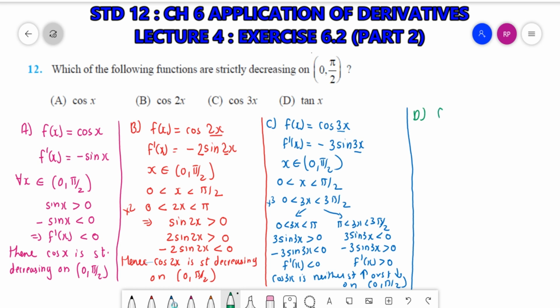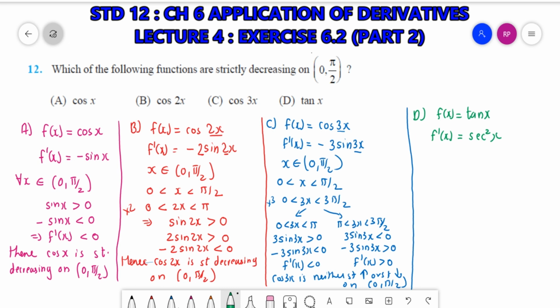f(x) is equal to tan x. Now differentiating it, I will get f dash x. Now derivative of tan x is sec square x. Whatever value of x you take, it is sec square x.